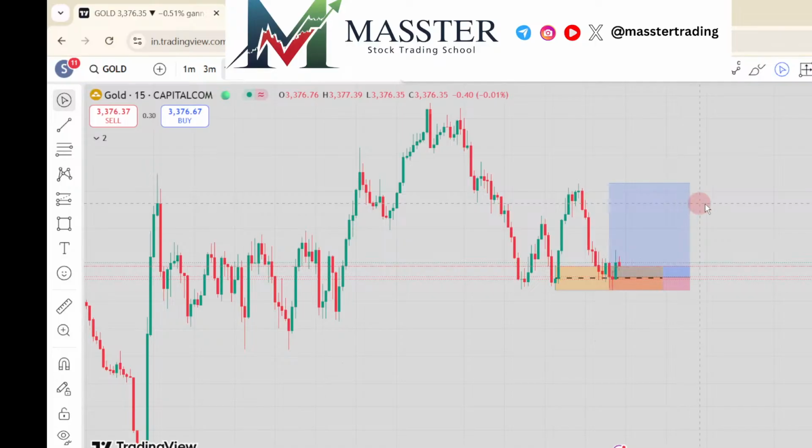Just above that area we mark the potential buy zone, which aligns with this orange rectangle. We can call it a buy side OB.